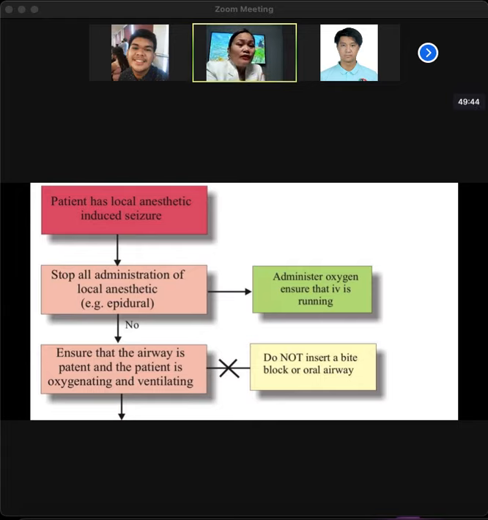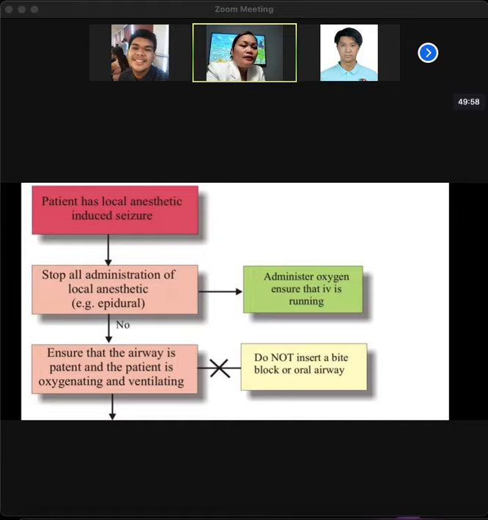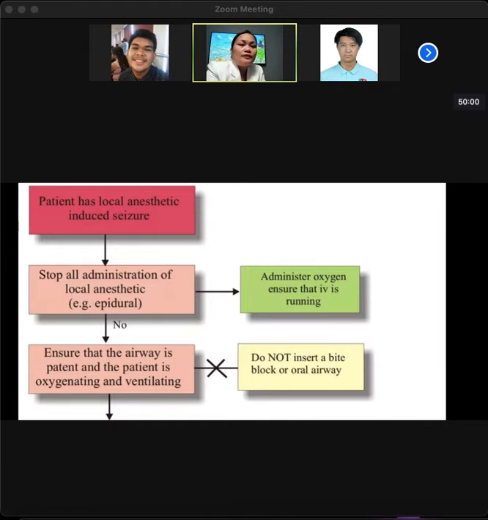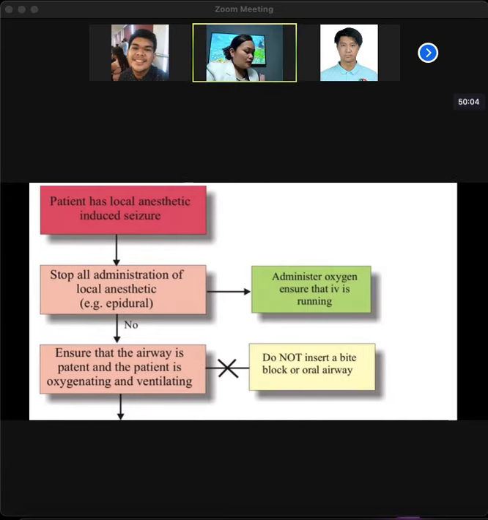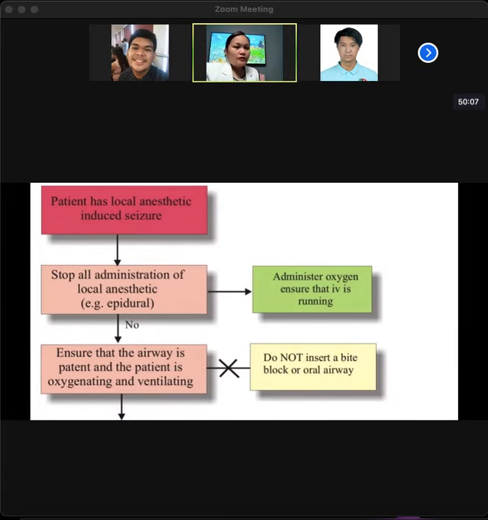However, if your patient is not ventilating well, then you can opt to intubate the patient. Okay. And then, ay, hindi nyo nakikita yan. Yun lang. Basta yun.